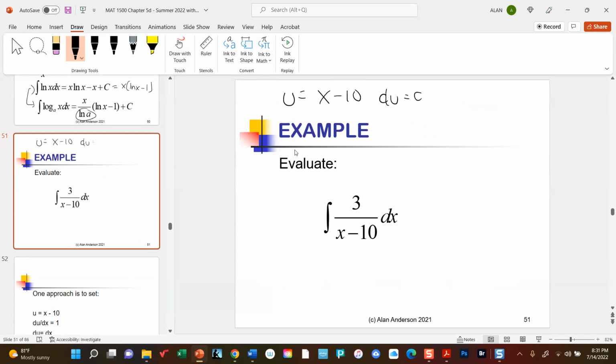Du is just dx. Oh, wait, sorry. Du dx is 1. And of course, that means that du is dx. So what do we have here? Let's try this. Let's put 3 on the outside.